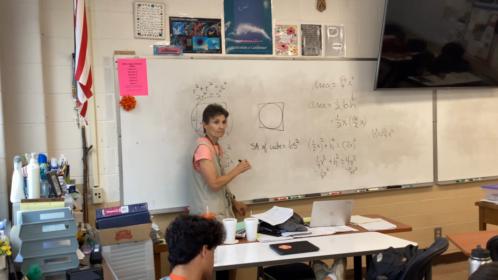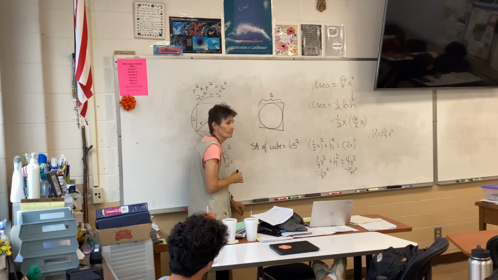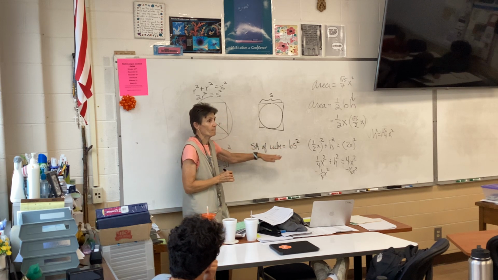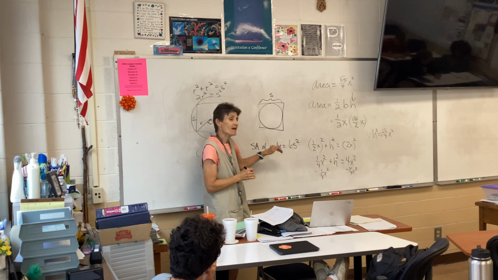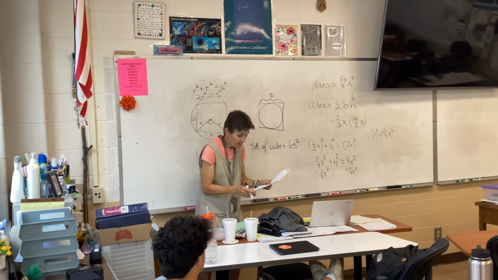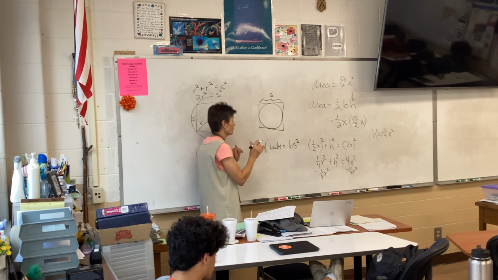Correct? And this is S. That is a perfectly magnificent formula, but it's giving me the area in terms of a side. I want the area in terms of the radius.